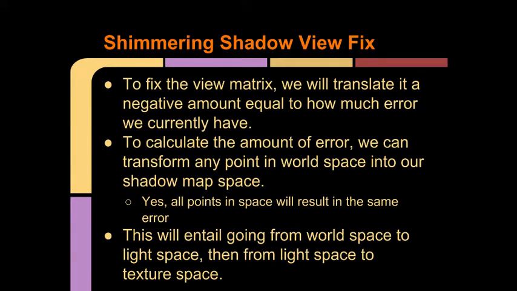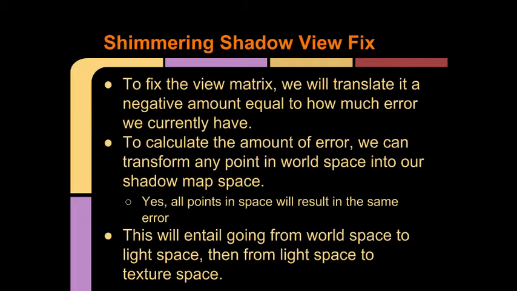To limit our view matrix translation to whole texels, we will actually determine how much error, if any, we currently have in our view matrix, then translate backwards that error amount to remove it.